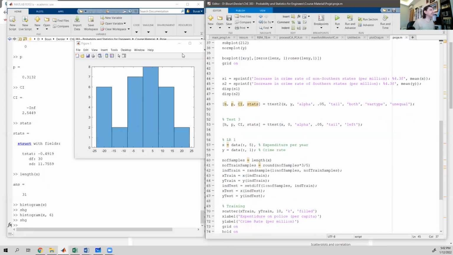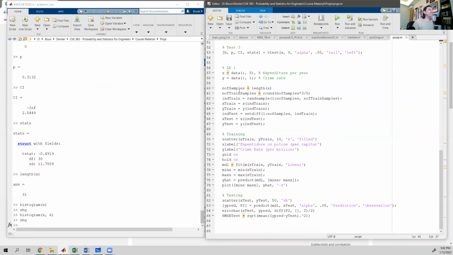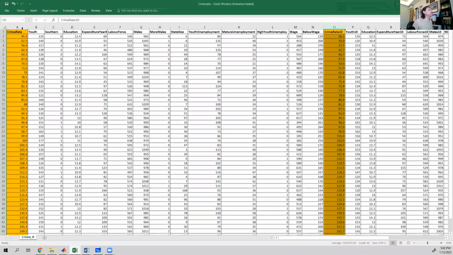And the other thing that I expect you to do is linear regression. Here I have given only 1 example because it's a bit longer. So when it comes to linear regression, you have to choose 2 continuous variables. So Saturn or high youth unemployment cannot be used for linear regression, since we have not covered logistic regression.